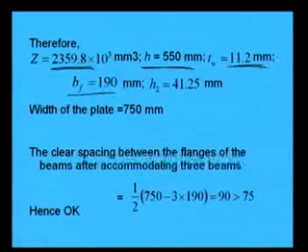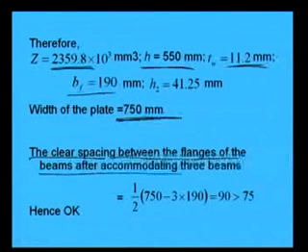And width of the plate was given 750, right. So, the clear spacing between the flanges of the top beams after accommodating 3 beams will become how much? That is half into 750 minus 3 into 190, that is 90, right.